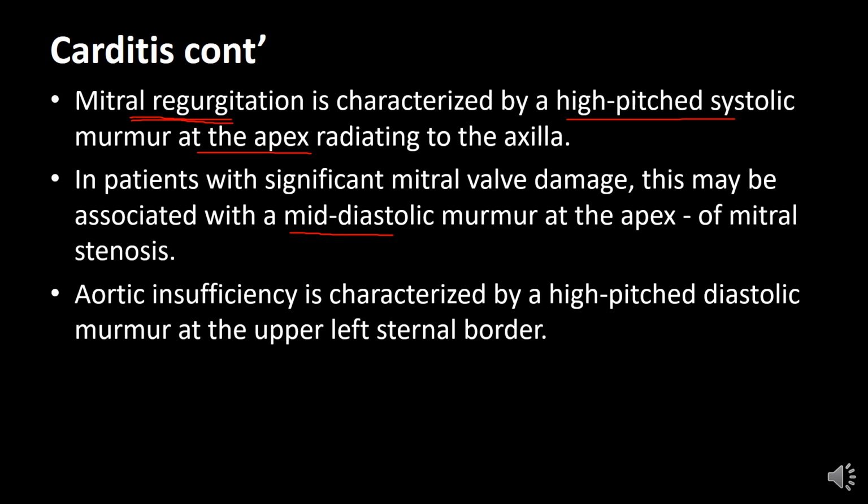The aorta, on the other hand, when it is not functioning sufficiently, it means that there will be a diastolic, no, let me go at it this way. There will be a diastolic murmur at the aortic area when there is aortic insufficiency. And I'll keep repeating this.